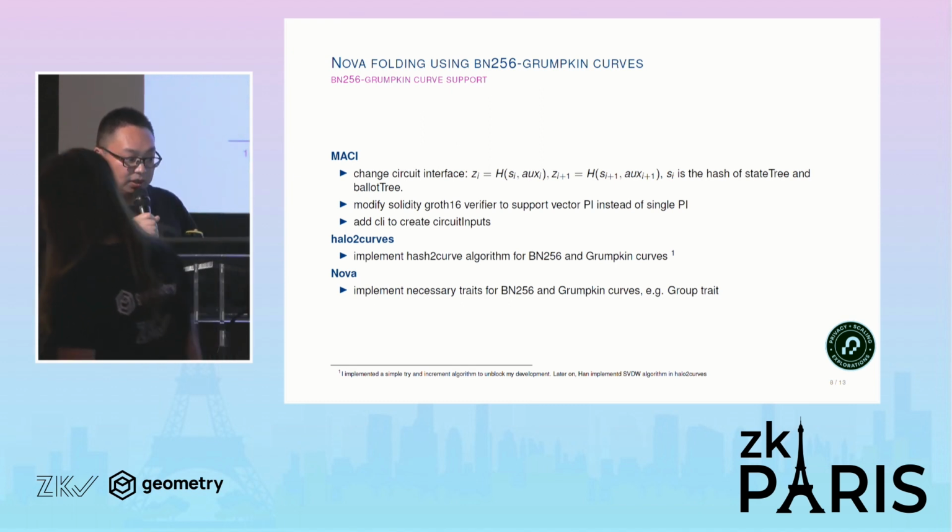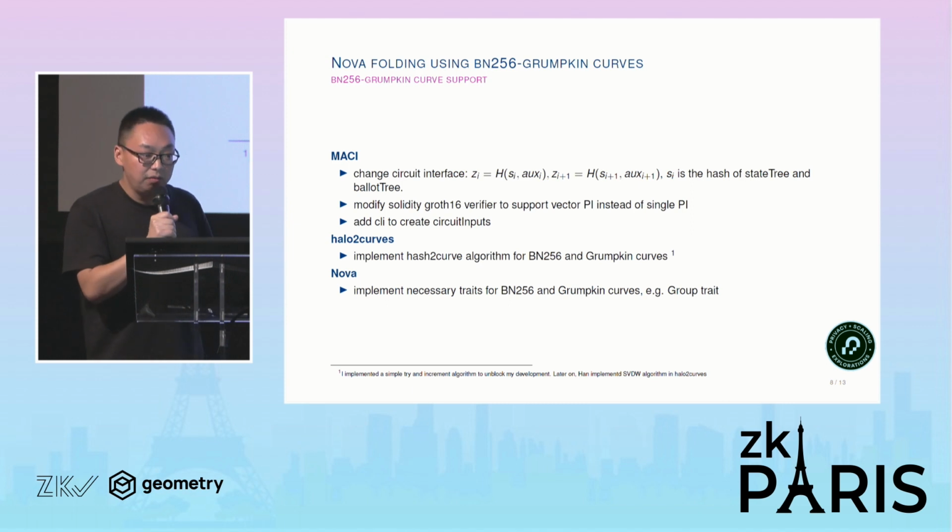With all of this halo2curves support added, we can add support in the Nova repo for the BN256 and Grumpkin curves. Nova defines several traits required when you add elliptic curves, for example the group trait, which contains the hash-to-curve algorithm.